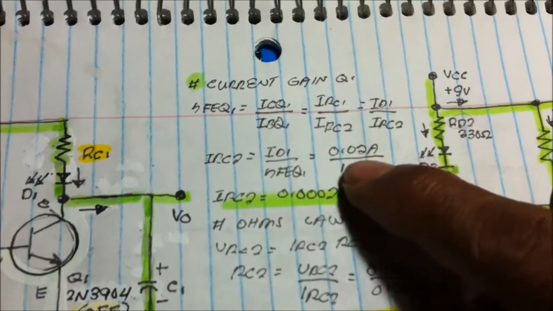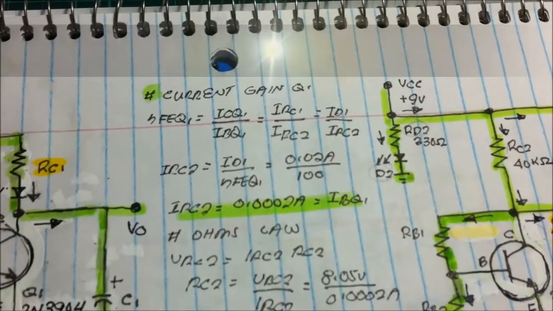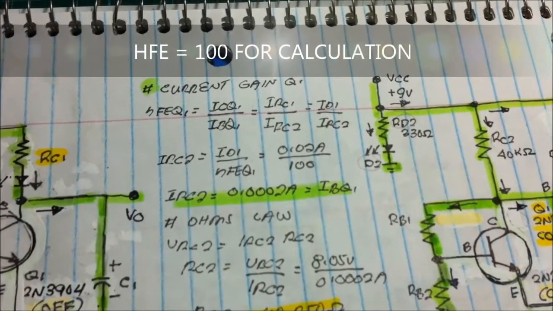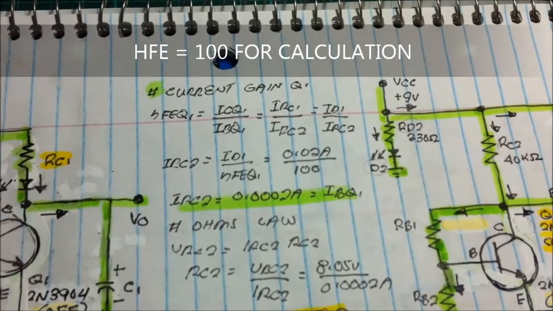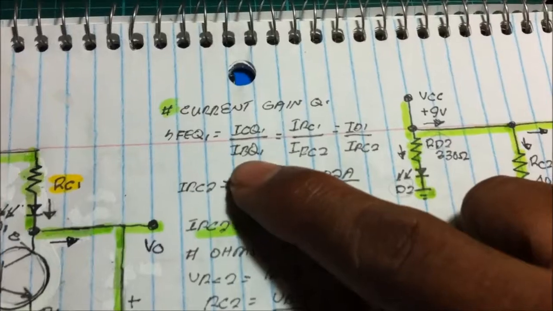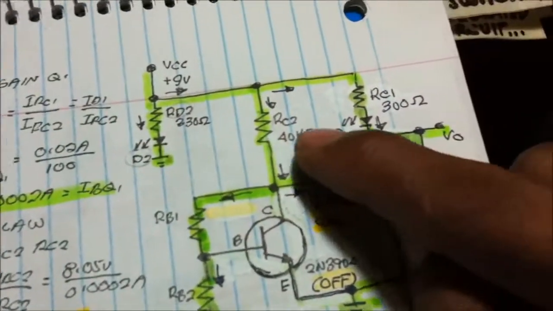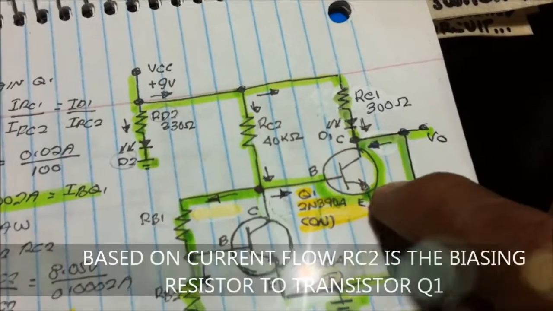So I'm using now 0.02 and I'm using an HFE of 100 for this 3904, given in the datasheet of the transistor. This is by transposition because we know that the base resistor now is the RC2 here. See the current flows.